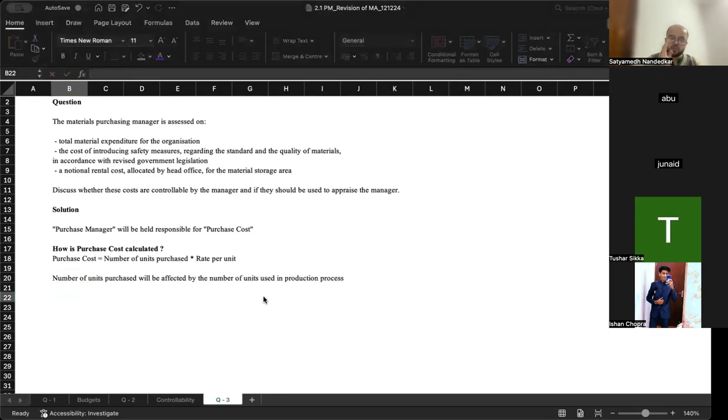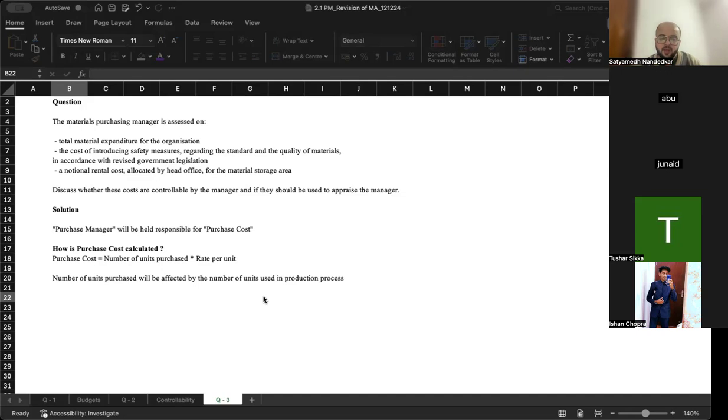The material used will depend upon the number of units used in the production process, and that will have an impact on the number of units purchased. If the usage is more, naturally the production will also be more. Now, usage is the responsibility of the production team. Production team is responsible for ensuring the correct usage with minimum wastage.